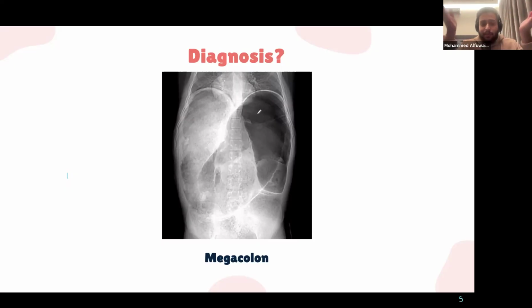You want to keep them NPO because you don't want to put more food into them and it causes more obstruction. Self-explanatory. Because you're giving them NPO, you want to give them IV fluids, because you want to give them parenteral nutrition as well. You want to give them IV analgesics. You want to give them IV antiemetics if they're vomiting.